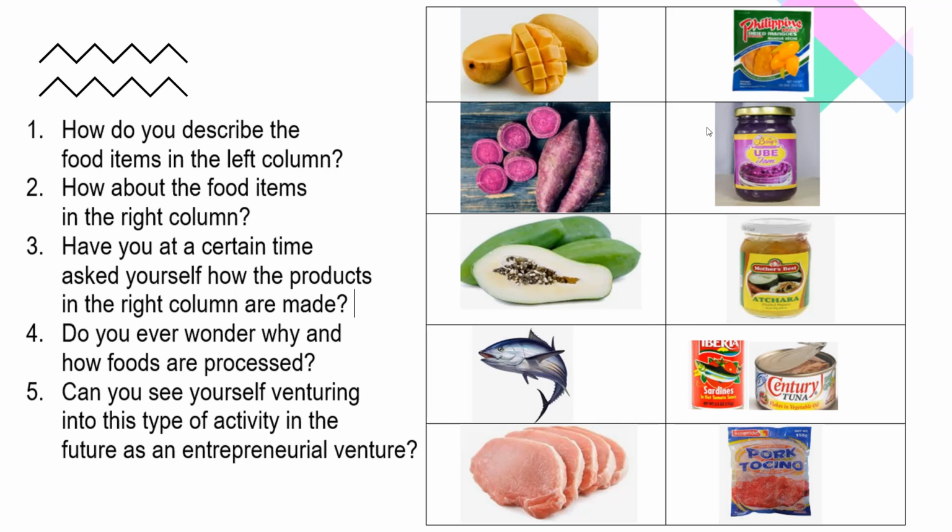How about the food items in the right column? Have you at a certain time asked yourself how the products in the right column are made? On the left column, they are fresh fruits or vegetables, raw fish and pork, while the right column can be considered as processed foods.